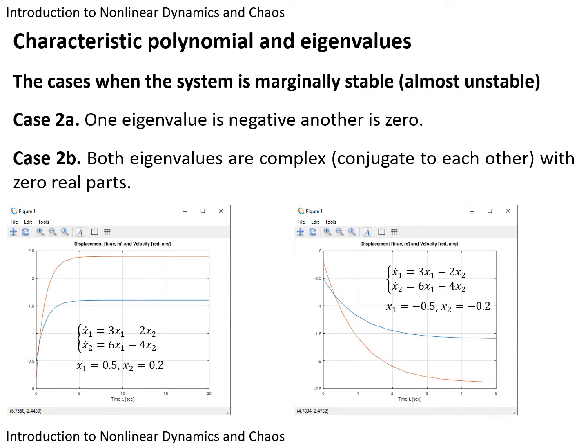Second case, when system is marginally stable. We can have the case 2a when one eigenvalue is negative and another is zero. And we see here different initial conditions.